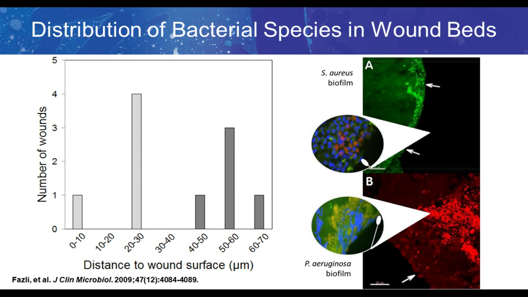Similarly, in panel B, an immunostaining of Pseudomonas aeruginosa biofilm, again beneath the surface of the wound bed.